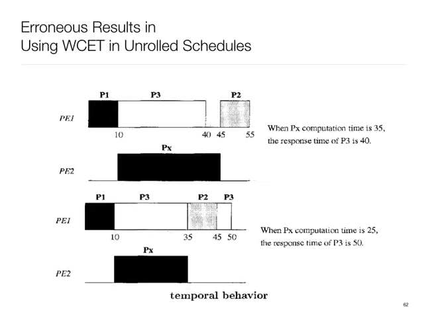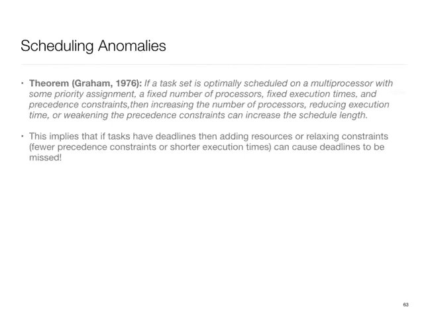So what this leads to is a very old theorem, which basically says that if I have a task set which I have optimally scheduled on a multiprocessor with some priority assignment and a fixed number of processors, then a lot of things that I would do to improve the speed can actually hurt me. That includes increasing the number of processors. If I increase the number of processors in my system, maybe the system will fail.